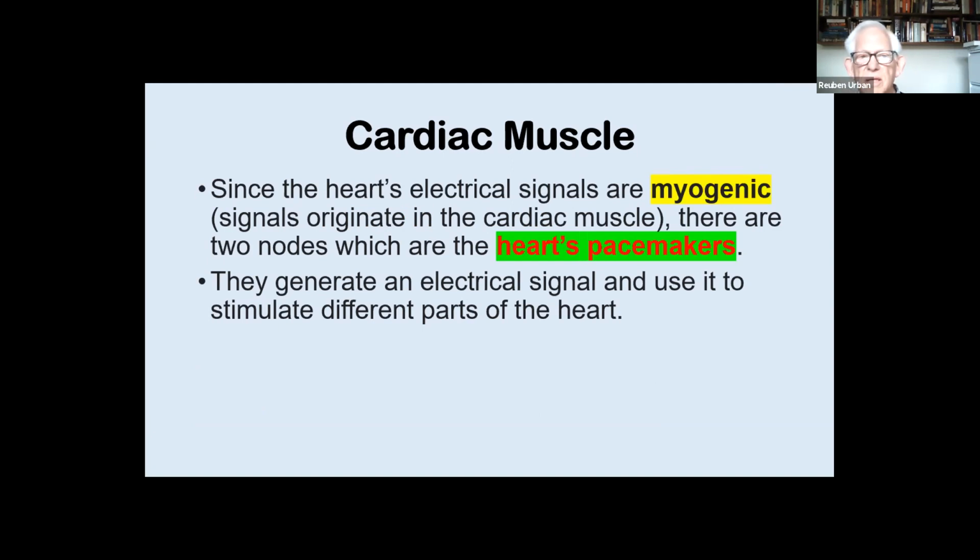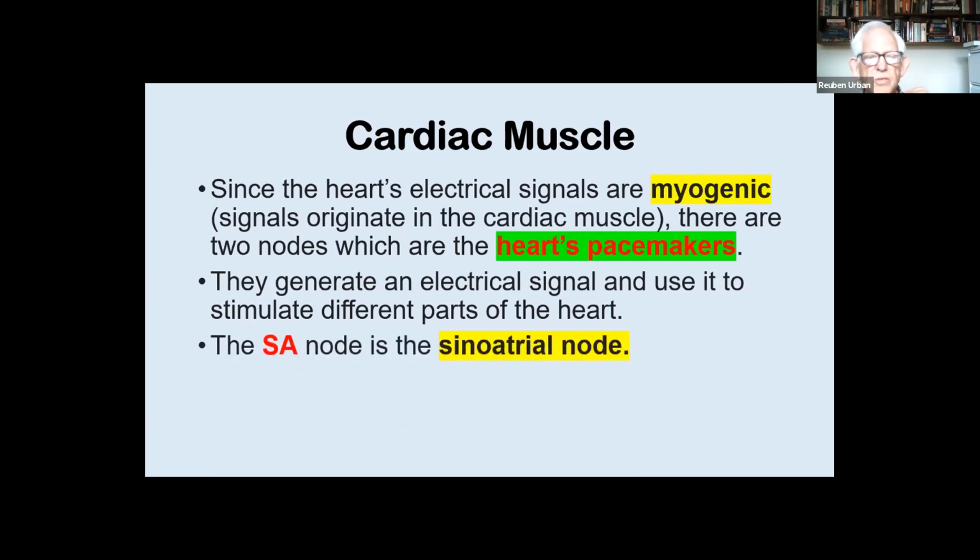So because the electrical signals from the pacemaker come from the heart, we say they are myogenic. Myo meaning muscle, heart muscle in this case, and initiated. So the signals from the cardiac muscle, and there are two nodes which are the pacemakers. I'll get to them in a sec. So they generate signals one after the other. The first one signals the second one, but there's a time lapse.